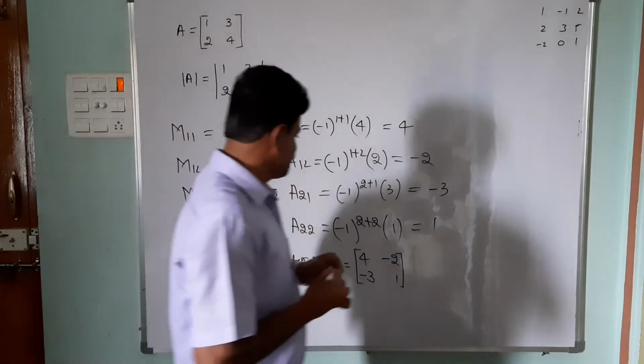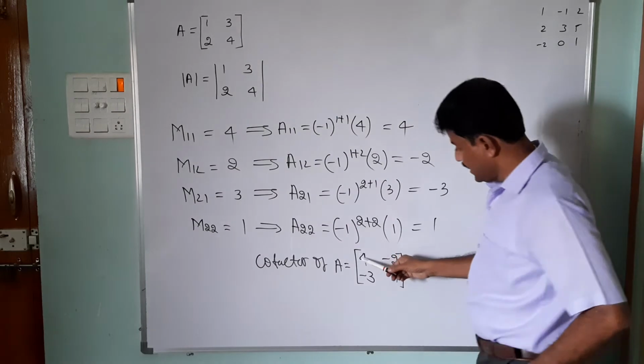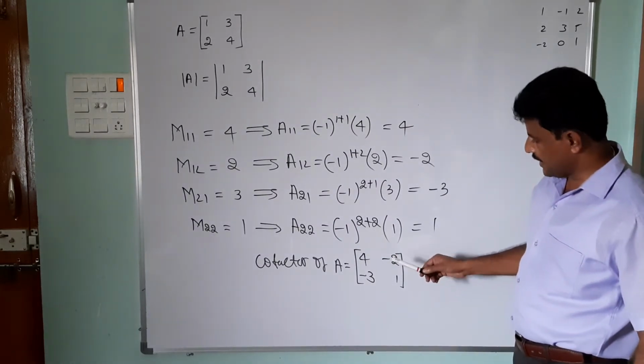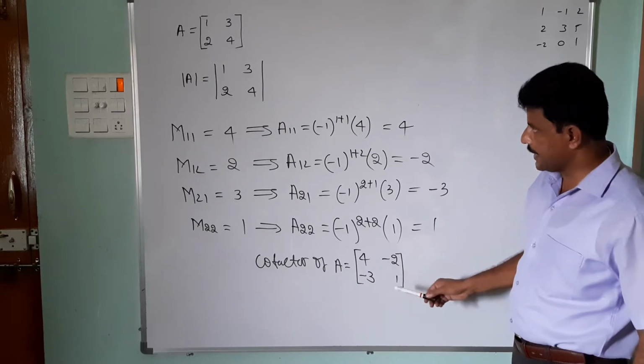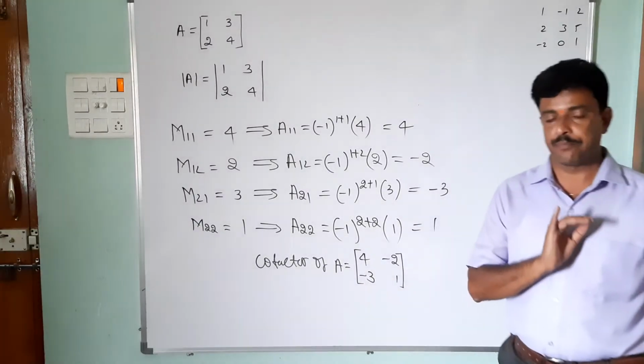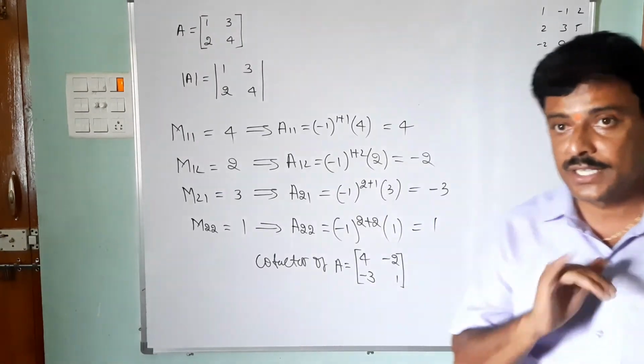Okay, are you clear? The cofactor of 1 is 4, cofactor of 3 is minus 2, cofactor of 2 is minus 3, cofactor of 4 is 1. This is the cofactor of A, but I want the adjoint of A.